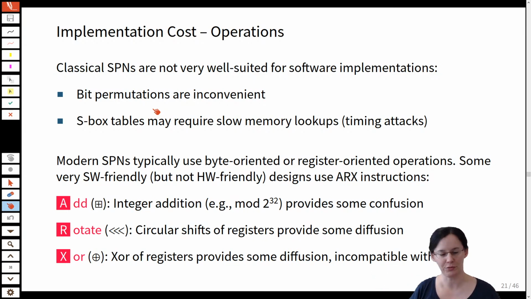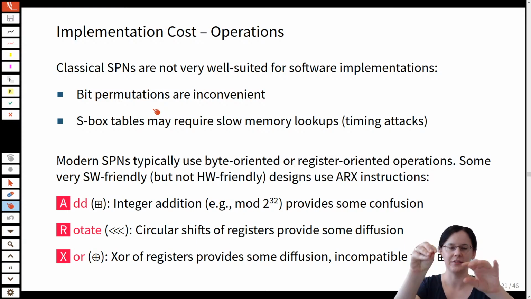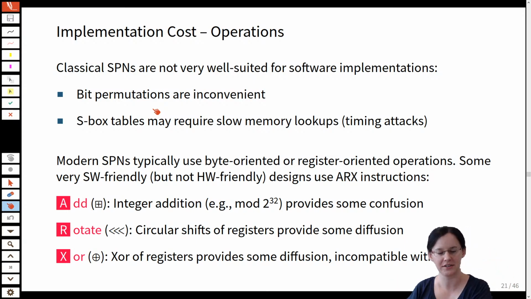But in software, if you store your bits in bytes, for example, then in order to mix around the bits, you would have to mask out part of the byte, so to select only the particular bit, and then shift it and then copy it somewhere else and then OR it together with all the other things that go into this new byte. So it's a big mess. It's very error prone to implement. It costs a lot. Not a great idea. This is one of the reasons why more recent functions don't use these bit permutations so much anymore, except if they're really only targeted at basic implementations.